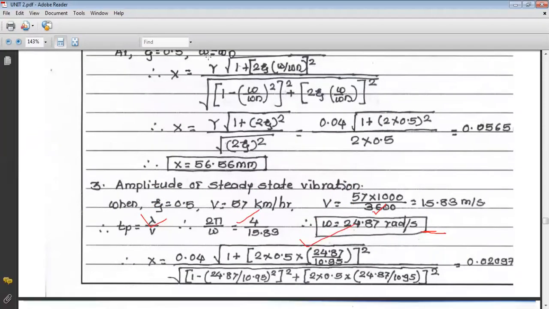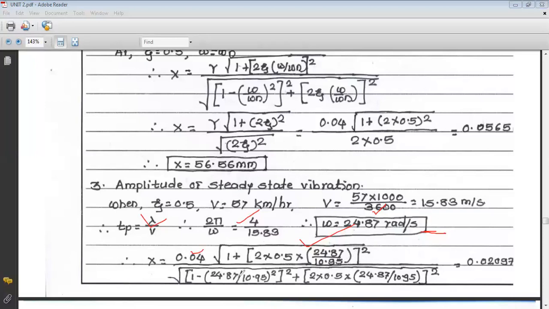Now again the same formula. So x is equal to y times square root of 1 plus in bracket 2 into zeta, so 2 into 0.5 into omega upon omega n, whole bracket square. Omega is 24.87, omega n is 10.95.